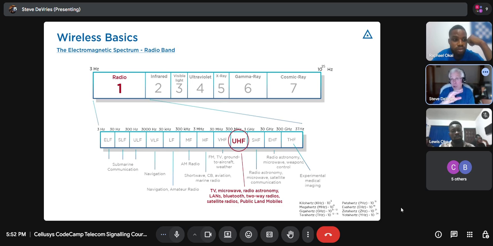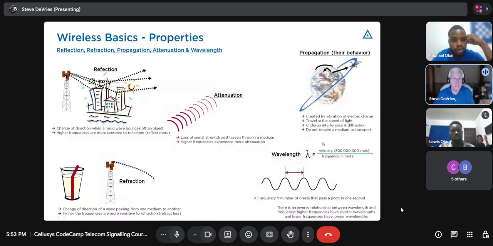The problem is you need cell towers everywhere because you have to have line of sight to that cell tower, because again, the higher the frequency, the more the signal dies down very quickly and the more it takes on the characteristics of light. So this is just a frequency band that's desirable. It's called the UHF, the ultra high frequency, in the radio band.